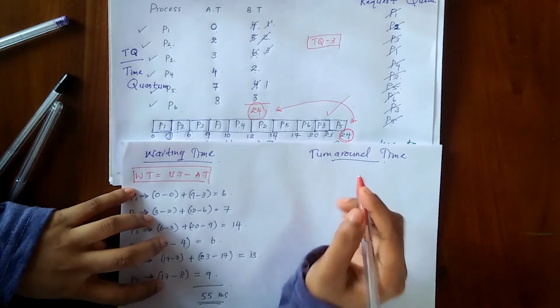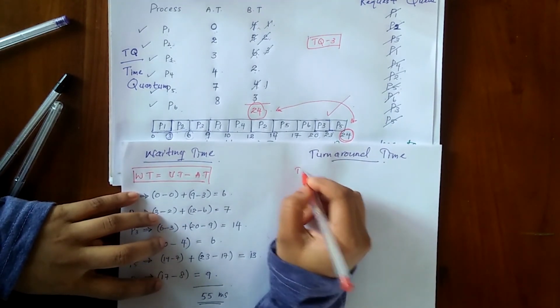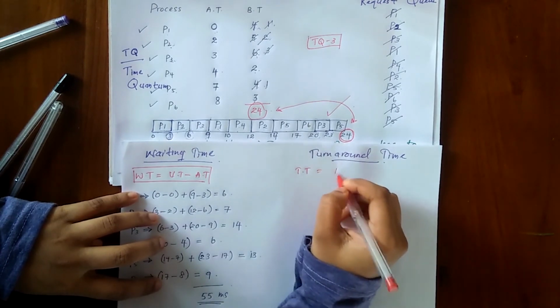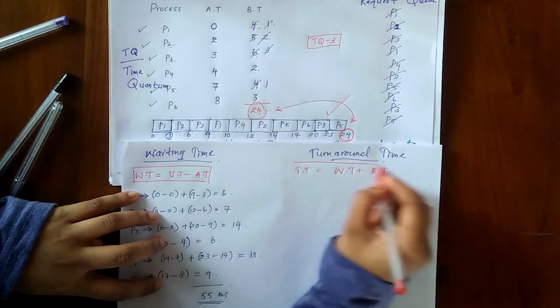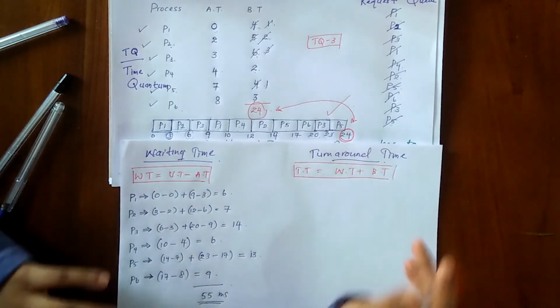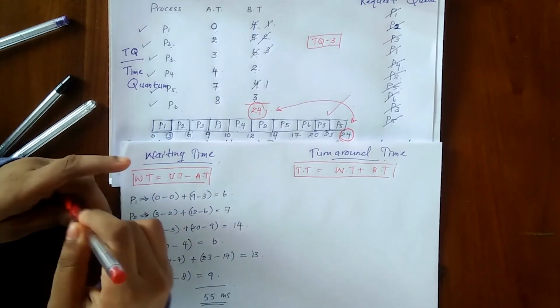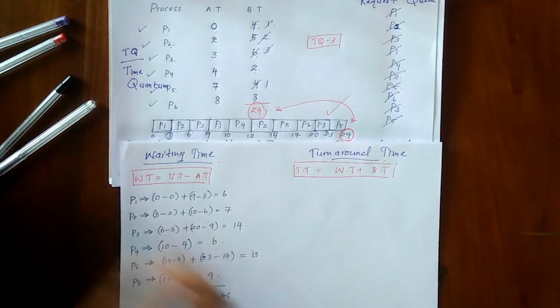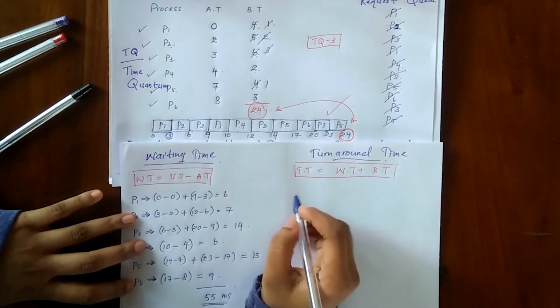Right, so for turnaround time also, you know the equation now. It is waiting time plus the burst time. So when finding the turnaround time, it's not like the waiting time in the previous videos. You just have to add these two. Right, so let's start with P1.